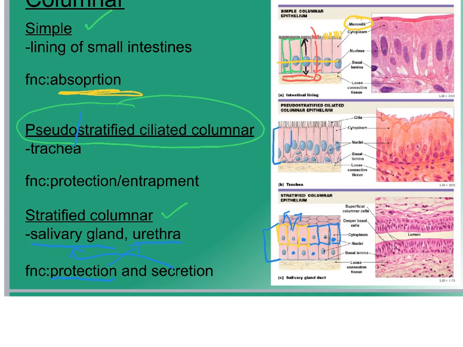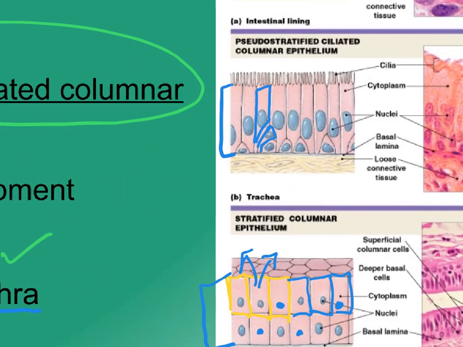You've got a cell right here, but then you've got a cell right here. And so it's falsely stratified in that each one of these cells still has a connection to the basal lamina. Here's the basal lamina. I'll draw it in green.